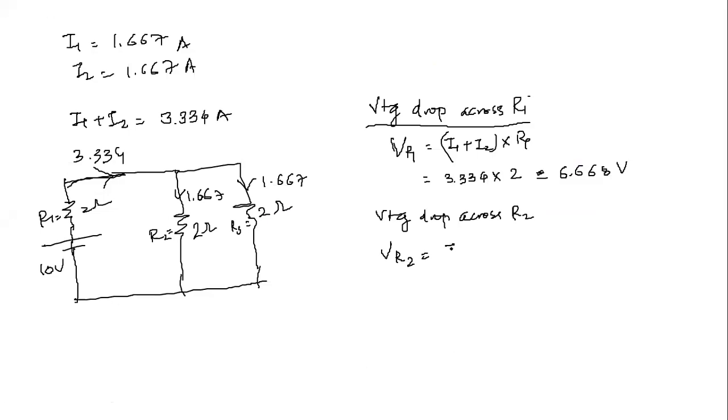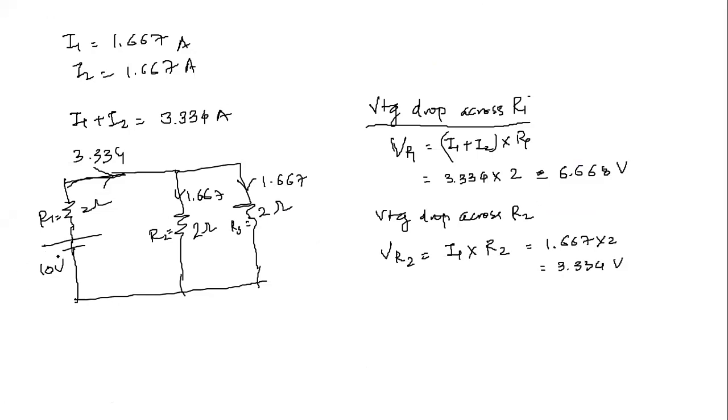So I'll multiply I1 by R2. I'll get 1.667 into 2, which comes out to 3.334, right?